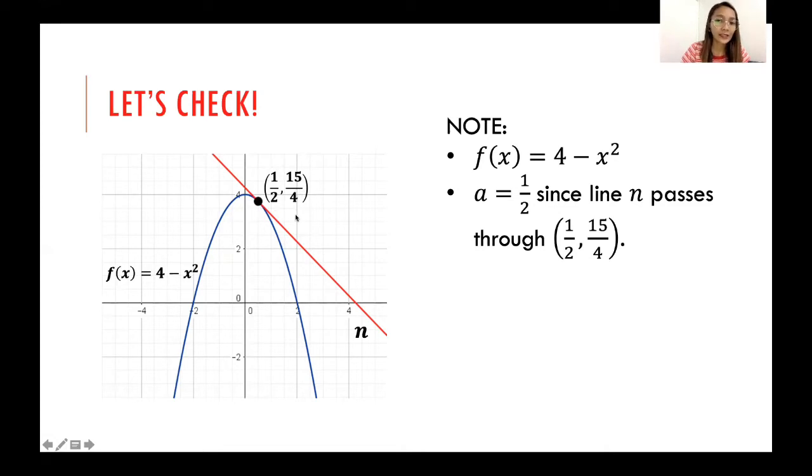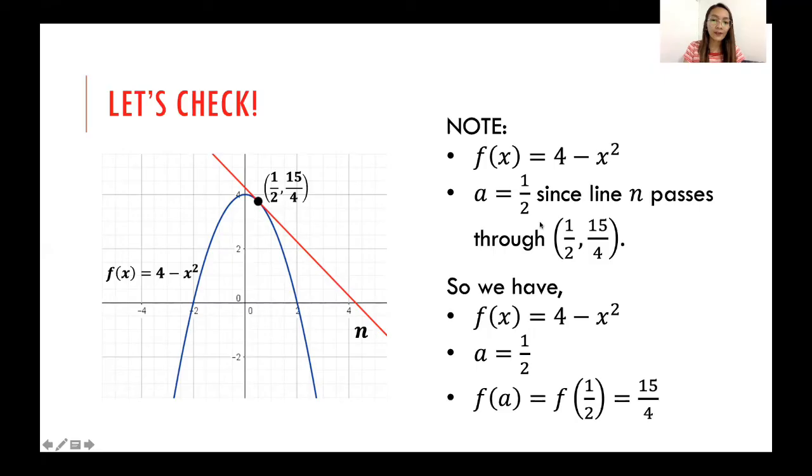It is always like this in limits. So we have a equal to 1/2 since line n passes through 1/2 and 15/4. So f of x is 4 minus x squared, a is 1/2, and f of a is f of 1/2, or 15/4. You can see that the value of y is f of a, and the value of x is a, or 1/2.